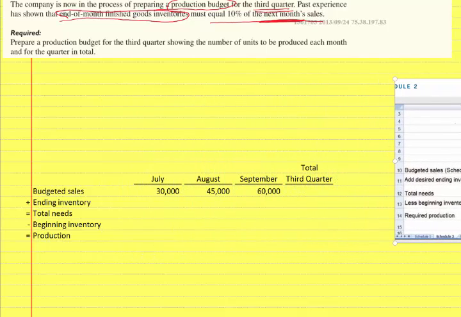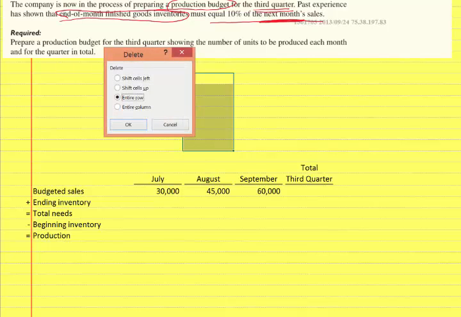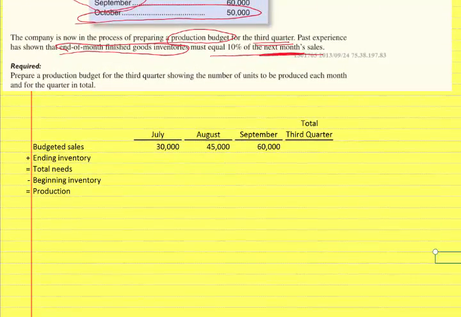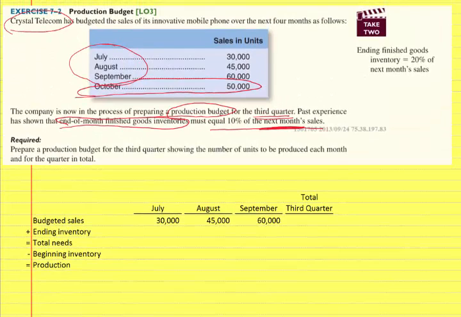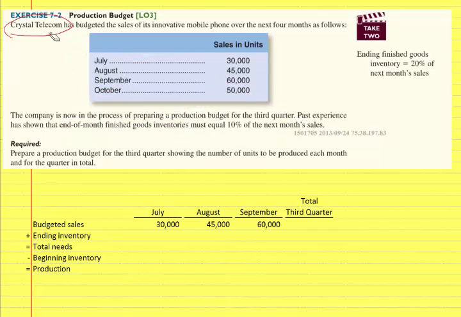So why don't you set up your schedule like that and see if you can't complete exercise 7-2. Let me scoot that up for you and see if we can't get it all on the screen right there. And let me get rid of all that scratching. So why don't you pause the video and see if you can't complete exercise 7-2.